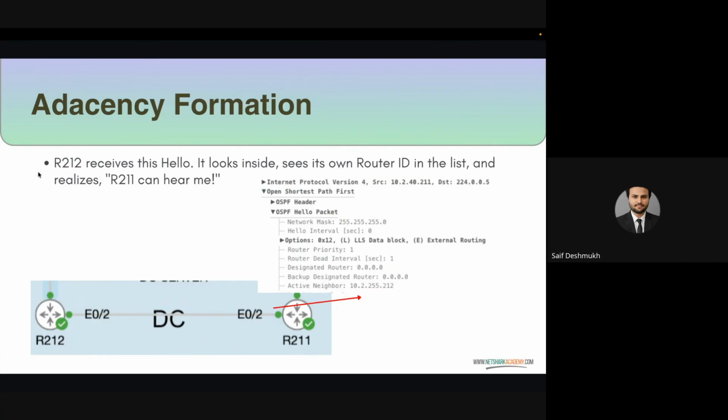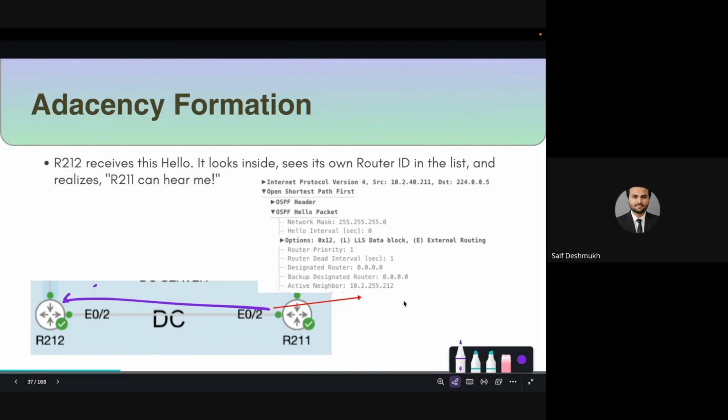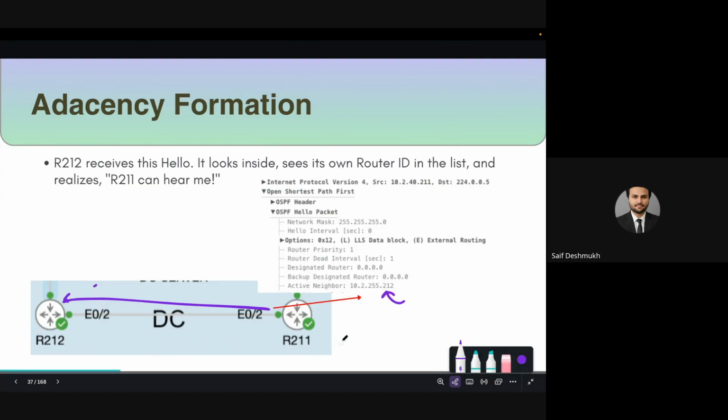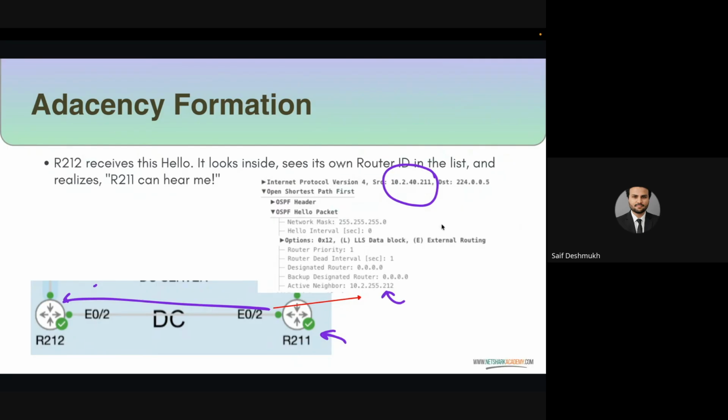If you check router 212, it is going to receive that hello at the moment. It's going to look inside that hello packet and see that, okay, it's my router ID in the active neighbor field. And that means router 211 sent me this packet, it can hear me.